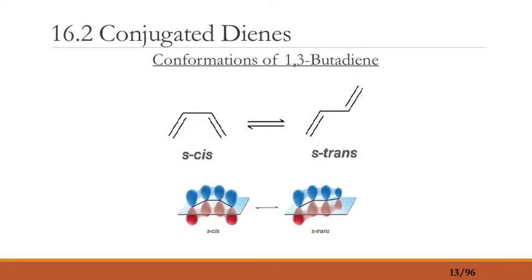All right, so this is actually in chapter 22 of your book, conformations of 1,3-butadiene. And you can see that there are the S-cis conformations and the S-trans conformations. And so when talking about stability of these, we'll see that actually the S-trans is more stable.